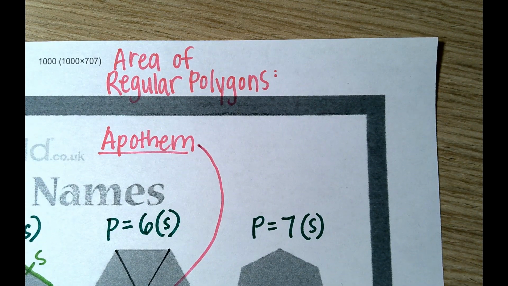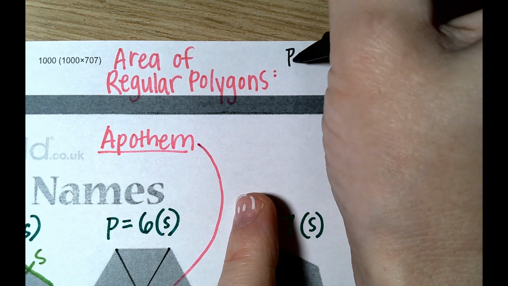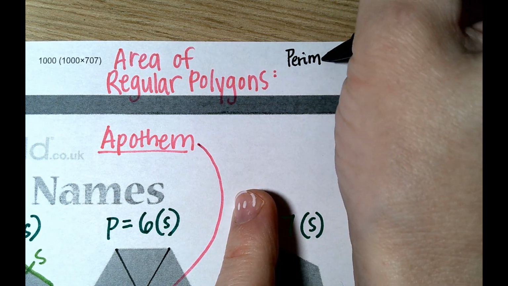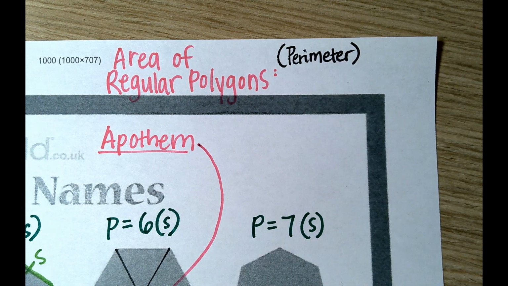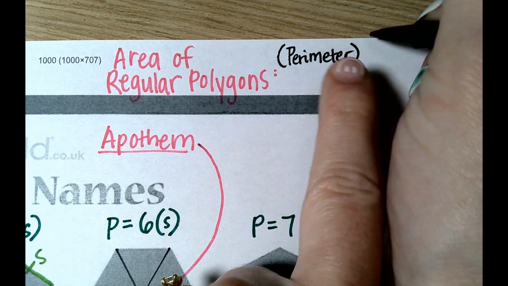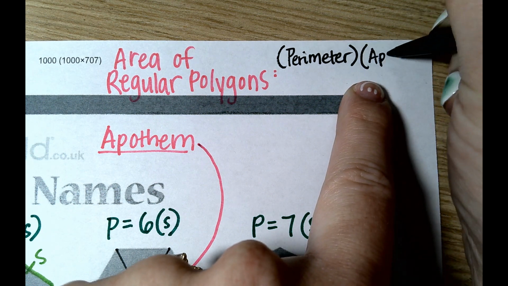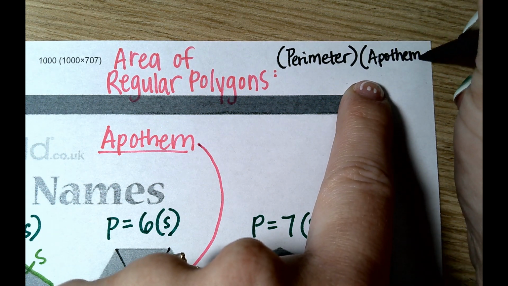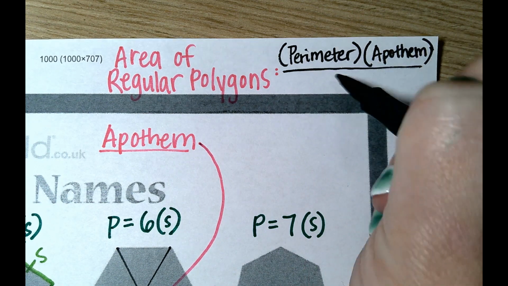It is the perimeter, or basically that's all the side lengths added together, times the apothem divided by 2. I'm going to show you lots of examples because this is a little bit difficult to grasp sometimes.